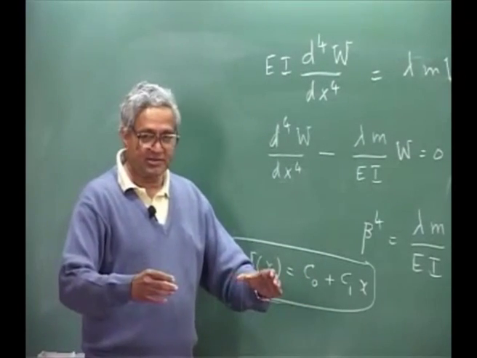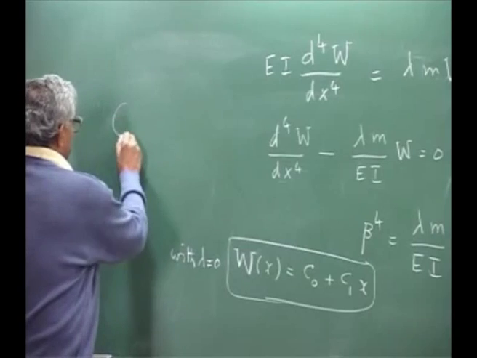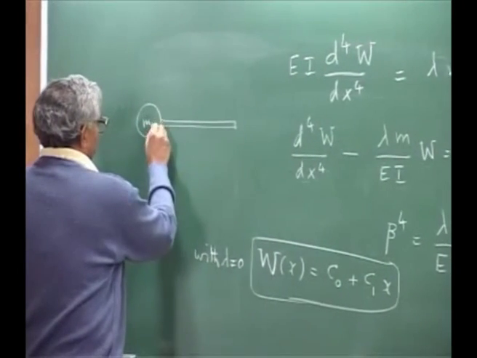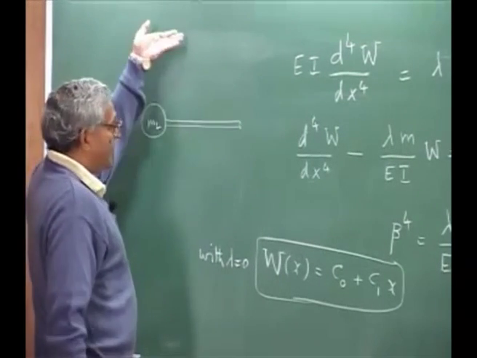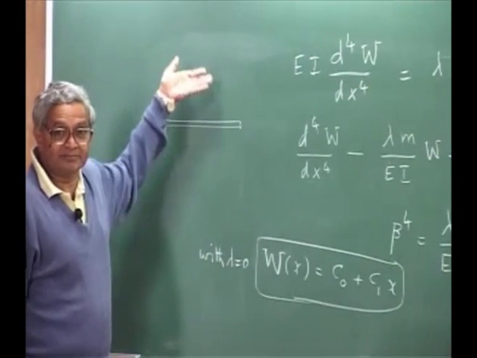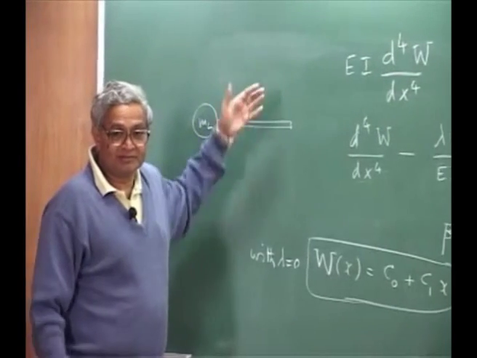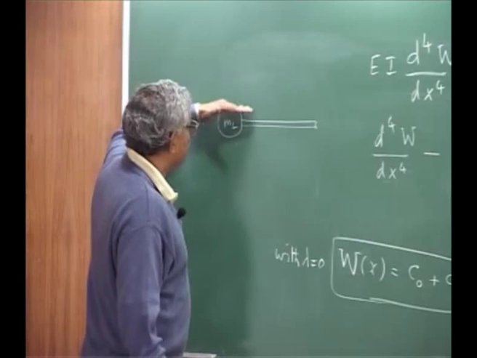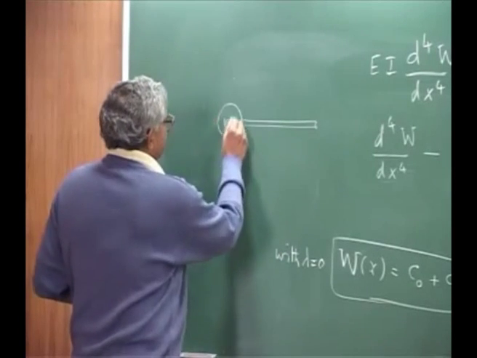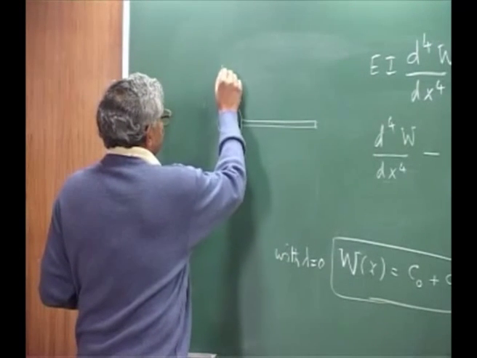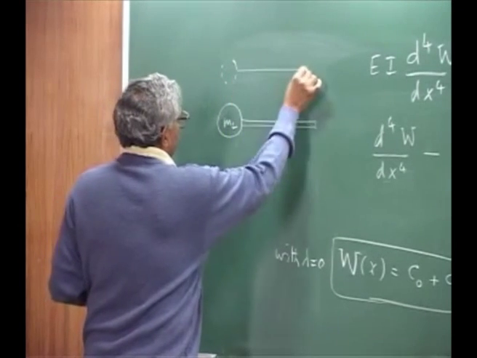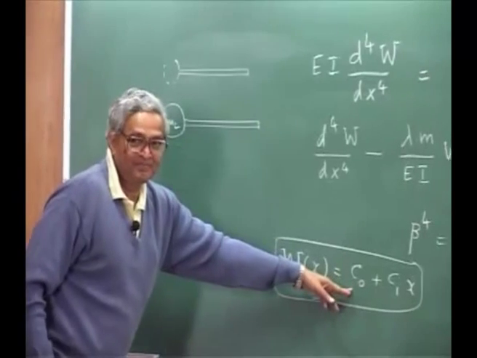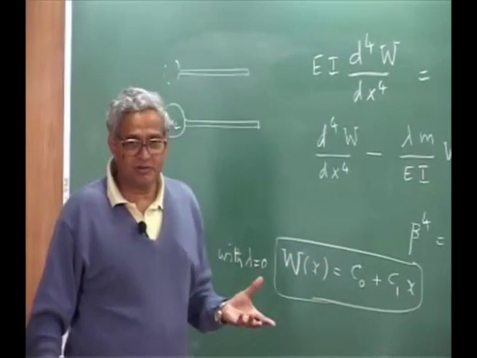That means the entire system can move up and down uniformly, with lambda 0. This is a rigid body motion. You call it rigid body translation when the entire system moves up. Rigid body modes have 0 frequency.